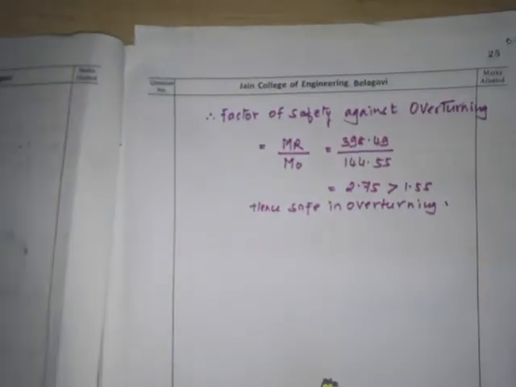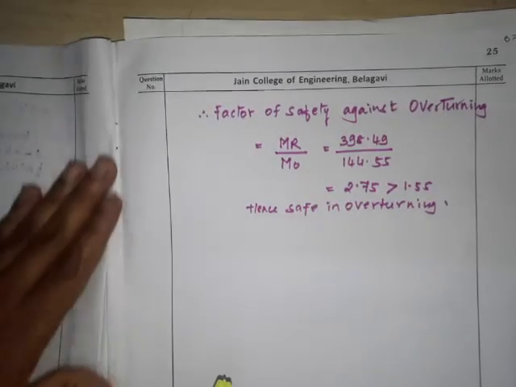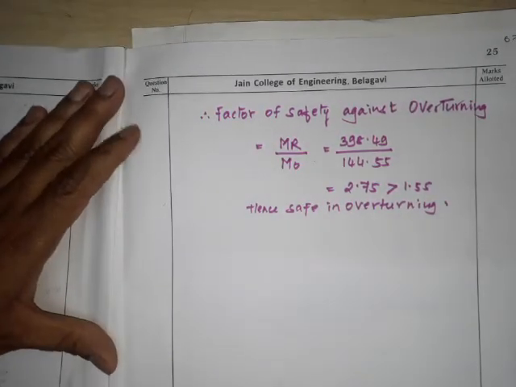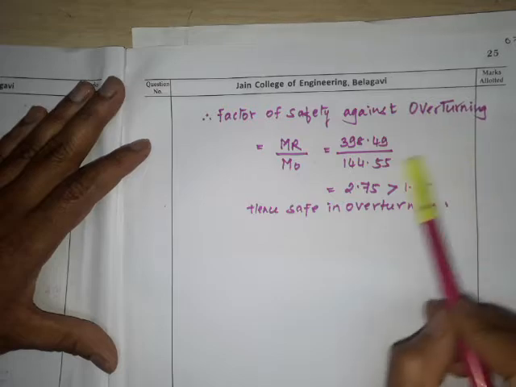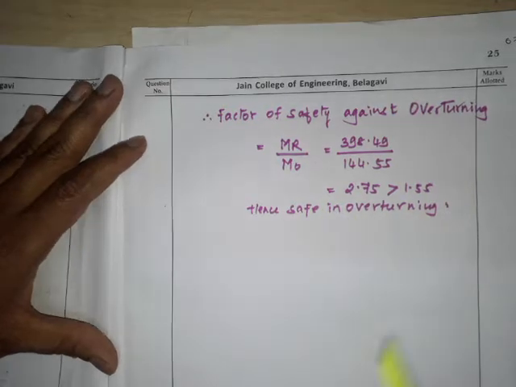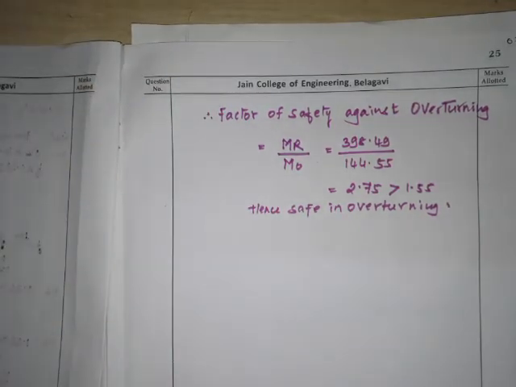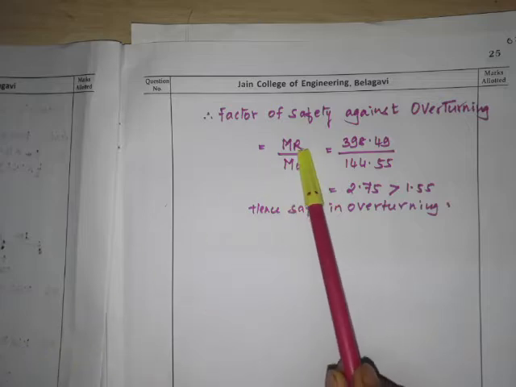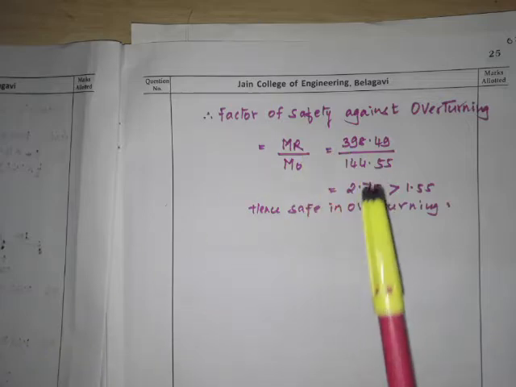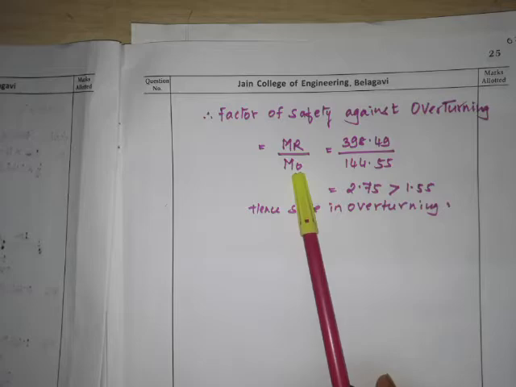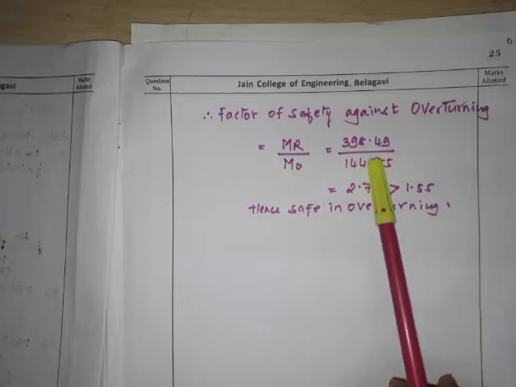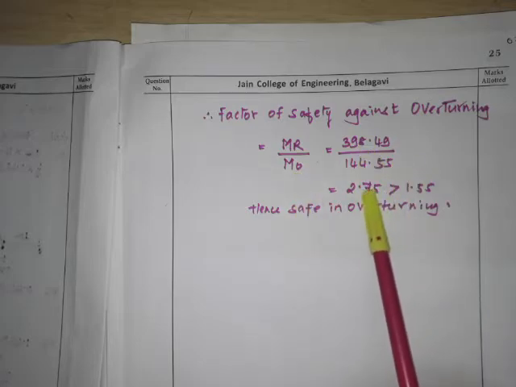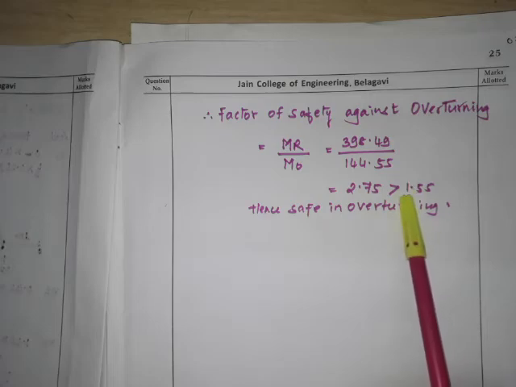We calculated the factor of safety of the retaining wall against overturning, and we got that our wall is safe in overturning. The resisting moment Mr and the overturning moment Mo, the ratio of that is 2.75, which is more than 1.55.